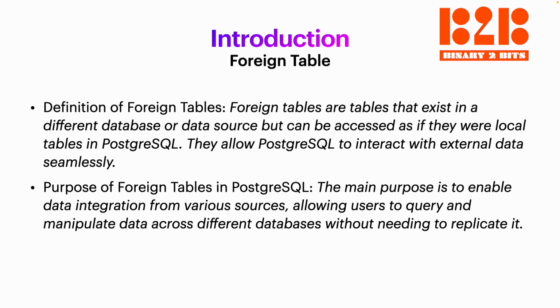So we can enable different source data in our PostgreSQL, and we do not need to replicate it in our database. We can query from a different database or different data source, like an S3 bucket or some Parquet file, which we can load with some extension.